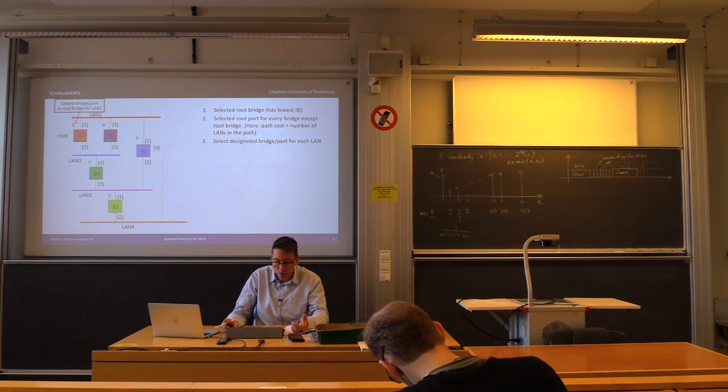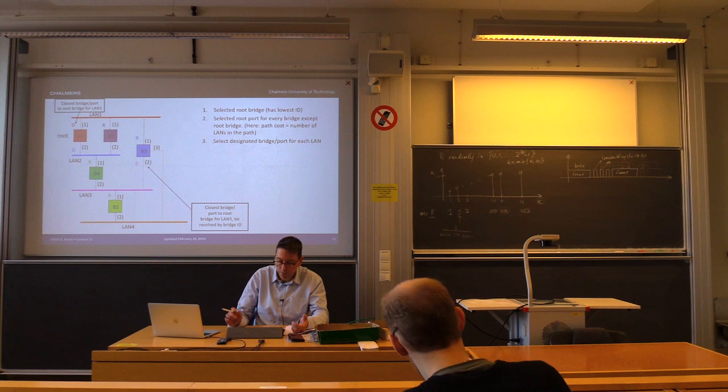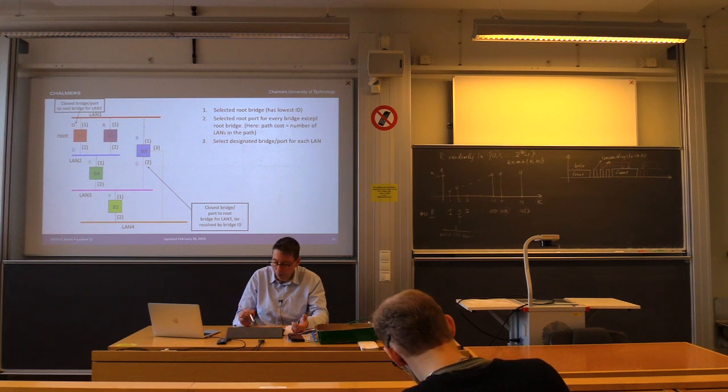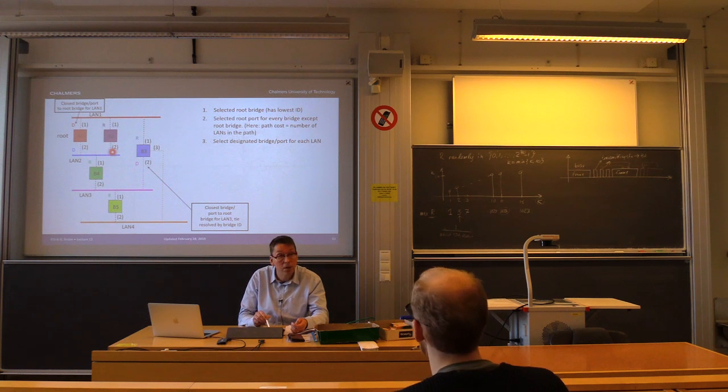For LAN number 2, it has 3 ports to choose from. Which one is the best? Well, it's this one, because it's closest to the root. So this becomes the designated port for LAN 2.